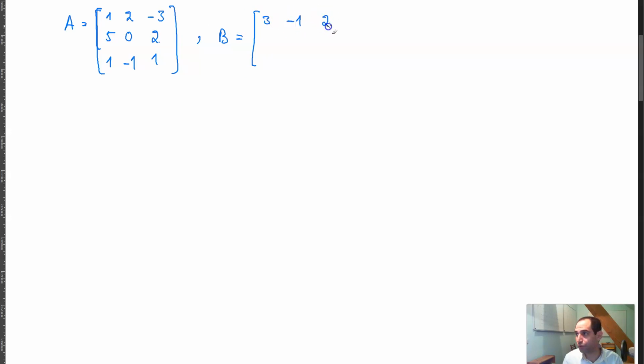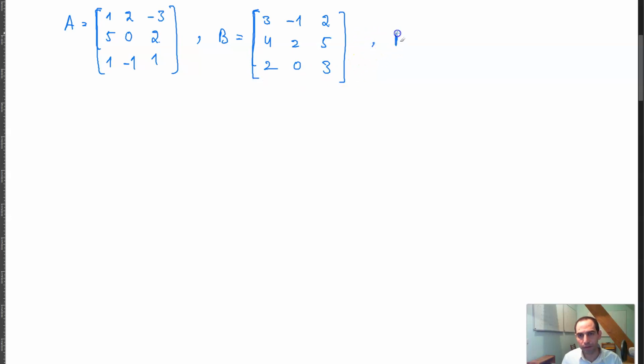basically you have 3 matrices A, B, and C. A is 1, 2, -3, 5, 0, 2, and 1, -1, 1. And B is a matrix as basically 3, -1, 2, 4, 2, 5, and 2, 0, 3.